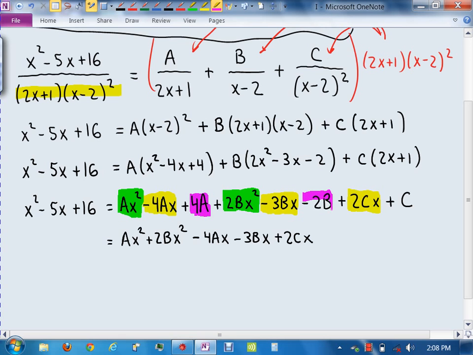You hear me? All the things that don't have x's. So I have, what, 4a minus 2b plus c? Plus 4a minus 2b plus c. Now I'm going to write the left side of the equation. I kind of forgot to do that in the beginning. Anything here? Any questions?